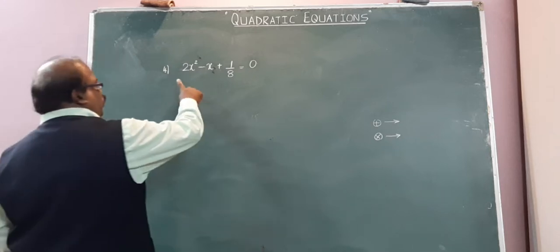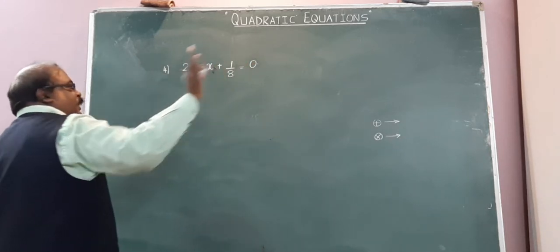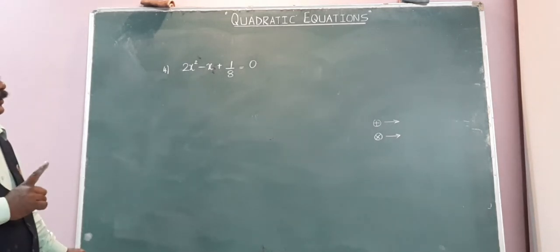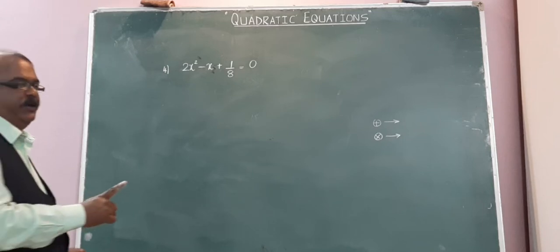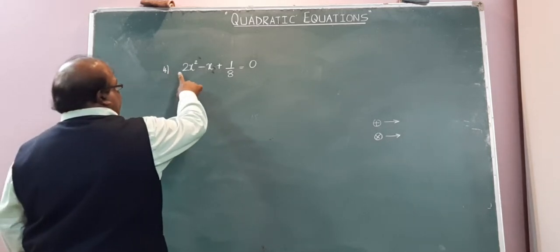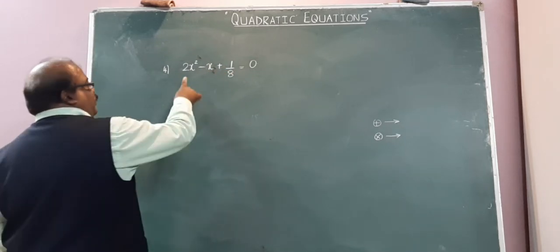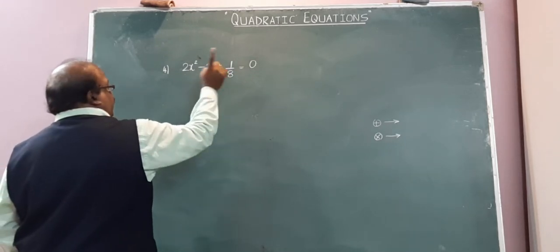To get rid of the denominator, let me multiply each and every term of the equation by 8. Multiply each and every term by the LCM of the denominator. LCM of 1 and 8 is 8.